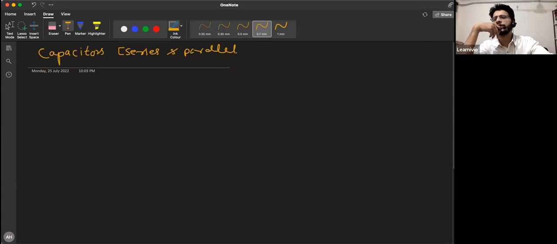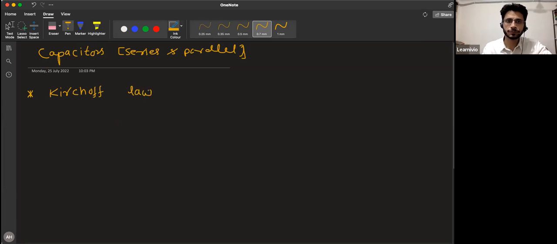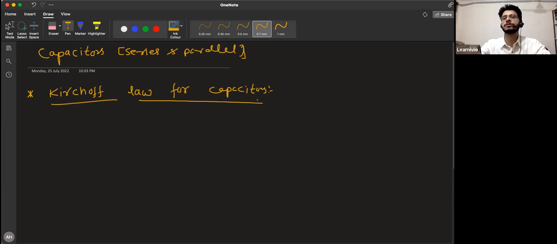Most of the circuits which are usually asked in JEE Mains on series and parallel will match those of the questions that we did in series and parallel combination of resistors, except a few circuits, like one type of circuit related to Kirchhoff law in capacitors.